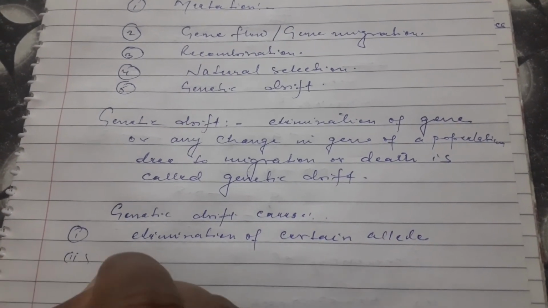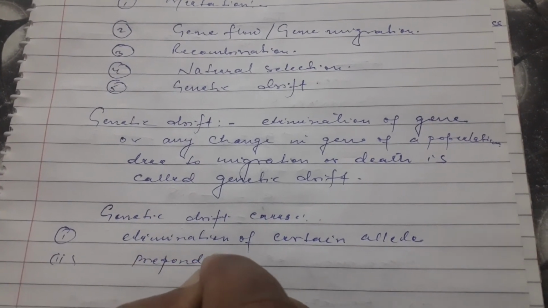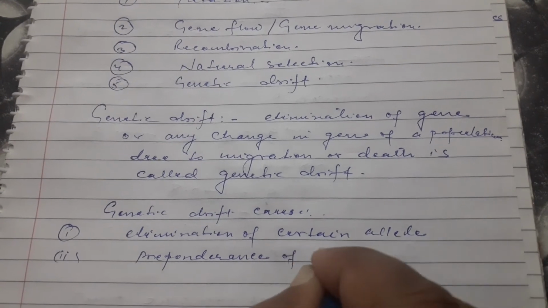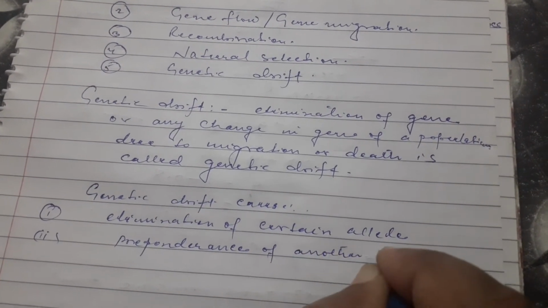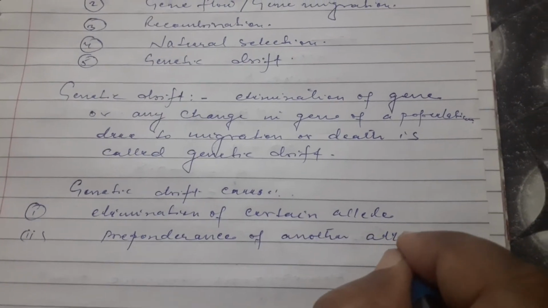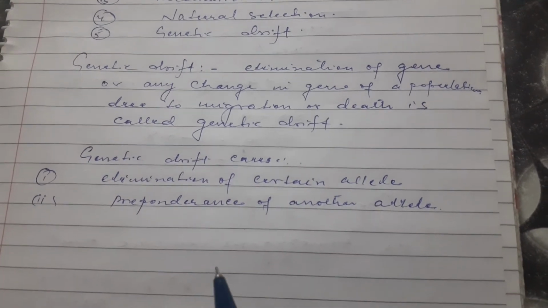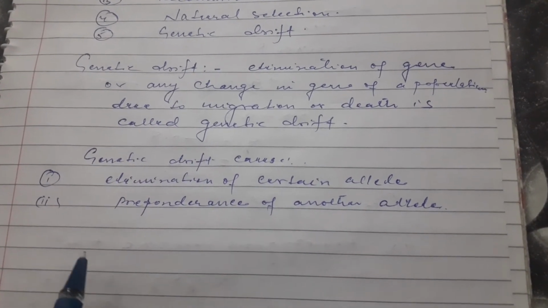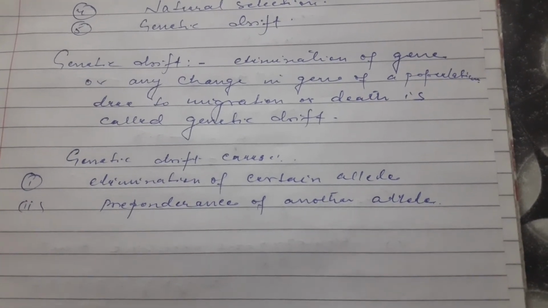Number two, preponderance of another allele. It means one gene or one allele can be removed and another allele of a certain trait can be increased.